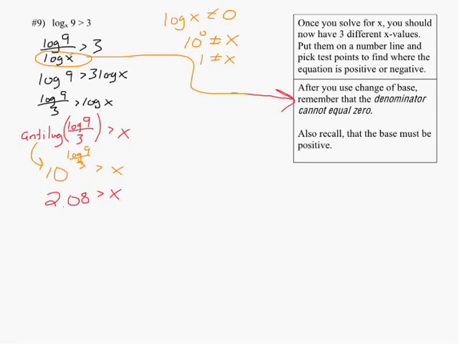Another thing you have to check for is this right down here. Your base has to be positive. Our base here was x. So we have to make sure, because of that, that our base is always bigger than 0.